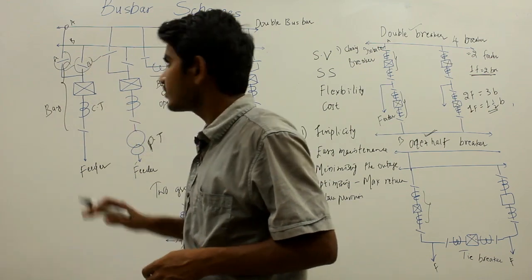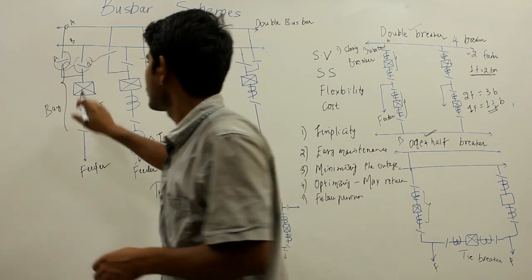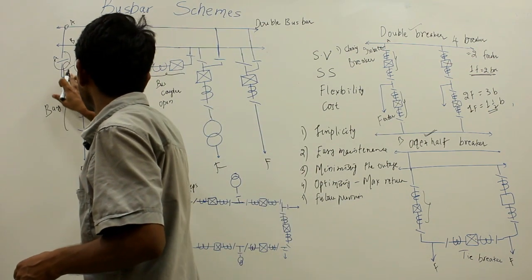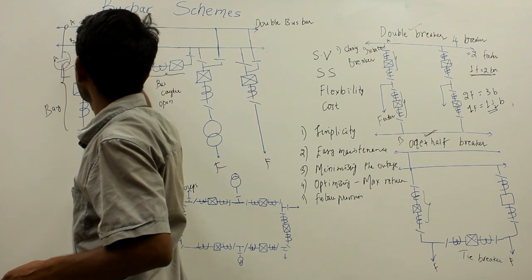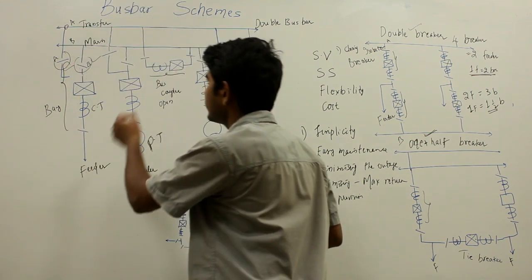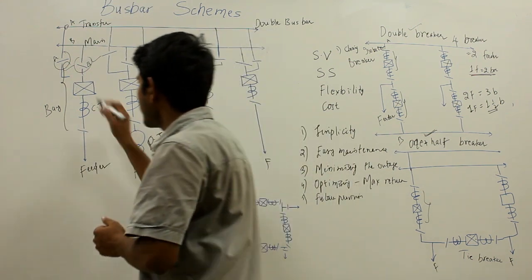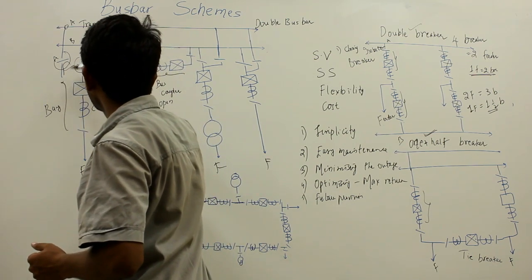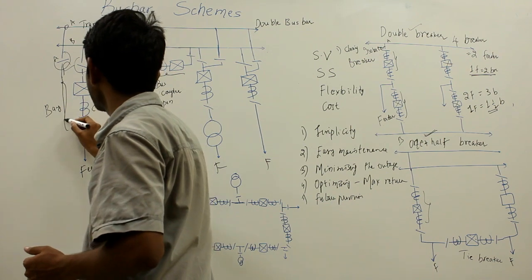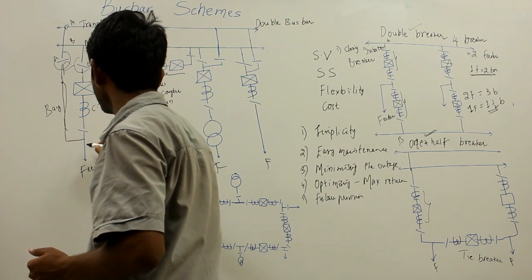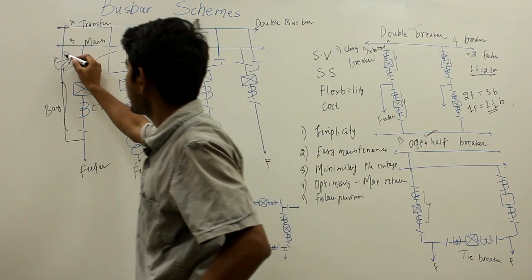So the basic difference from the double bus system is, so here, let me say this is my transfer bus and this is my main bus. So here in the main and transfer bus system, every feeder is connected to the transfer bus directly through an isolator.